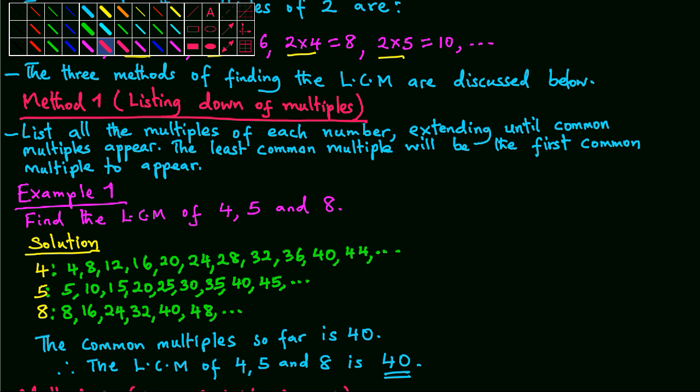Now the multiples of 4, we have 4, 8, 12, 16, 20, 24, 28, 32, 36, 40, 44, 48, and so on. The multiples of 5 are 5, 10, 15, 20, 25, 30, 35, 40, 45, 50, 55, and so on.